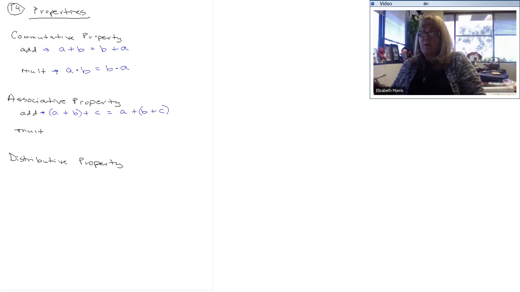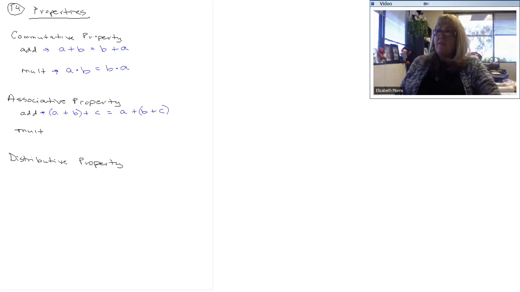If I had 1, 2, and 3, 1 plus 2 plus 3 is the same as 1 plus 2 plus 3. Okay? And this also works on multiplication. So if I had A times B times C, and I wanted to multiply these two first and then times the C, I'd get the same answer as if I did this and then multiplied times the A. Okay?